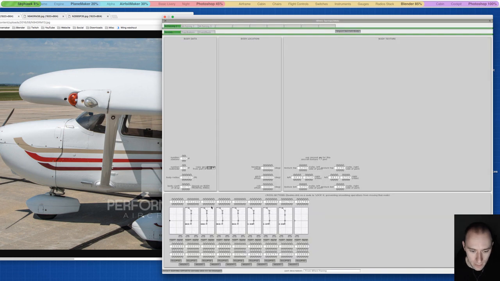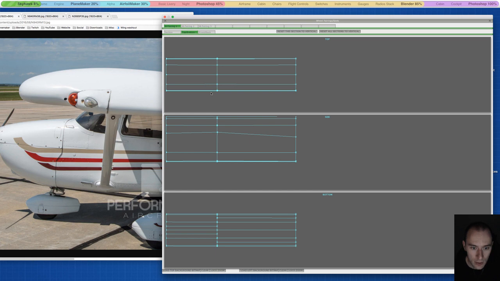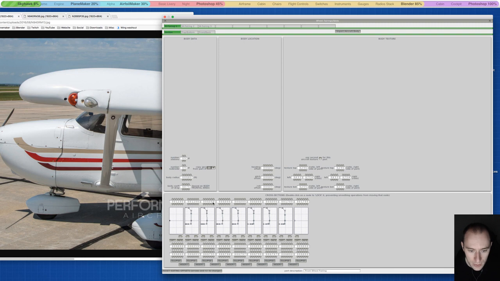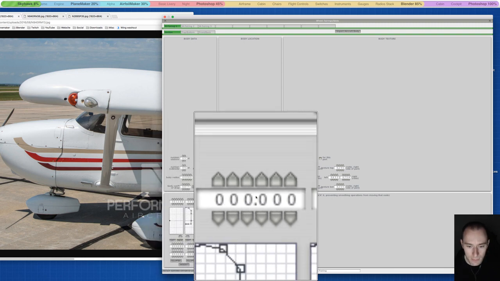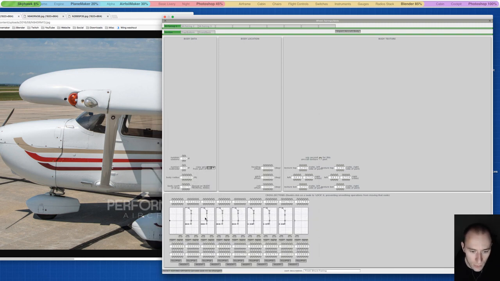Wheel fairings. Yes, so now we know that this distance actually works. And now, because these are still 0, these are all laid on top of one another. So that's why we don't see those points.